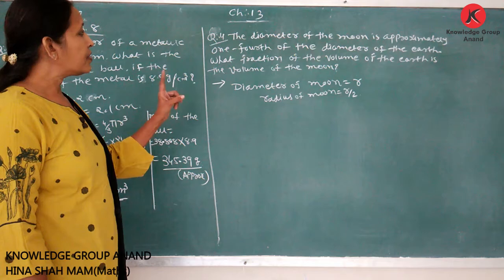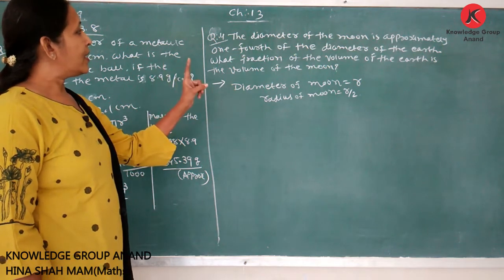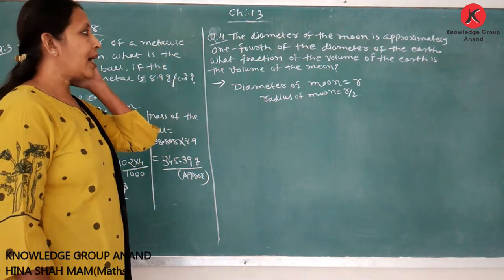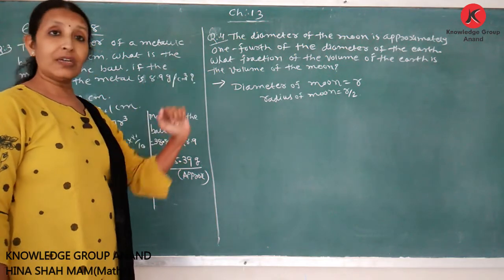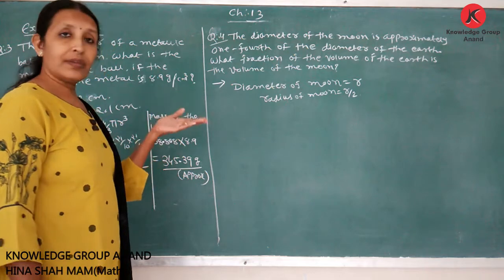Therefore diameter of earth is equal to 4 times that of moon.